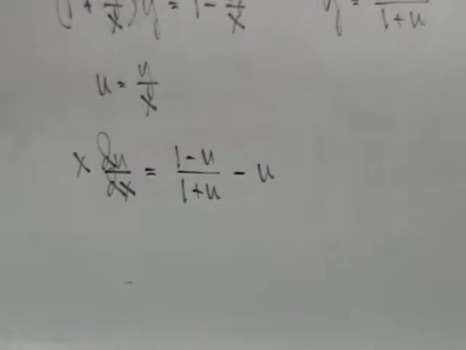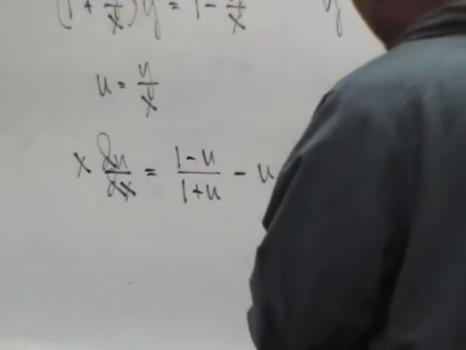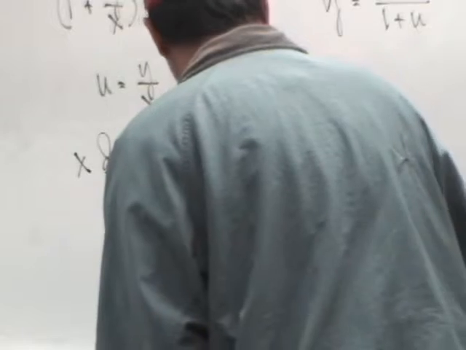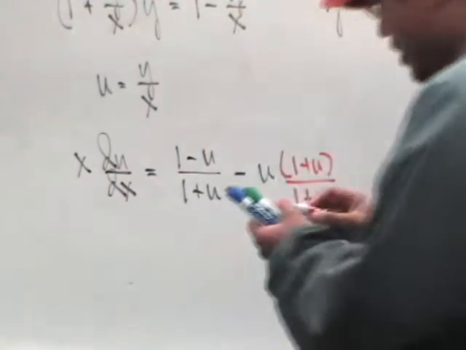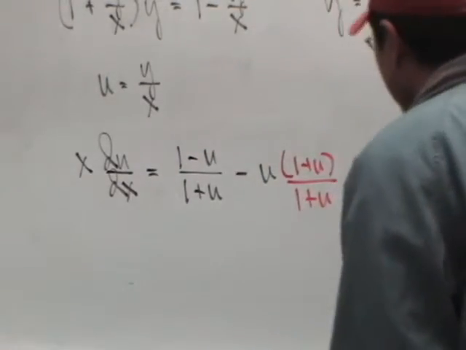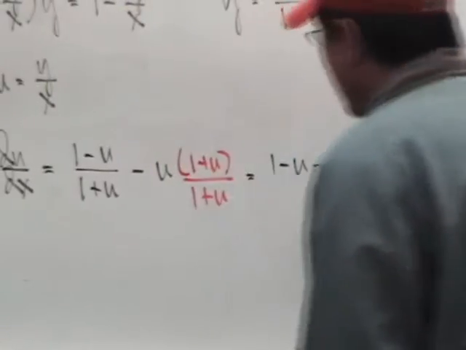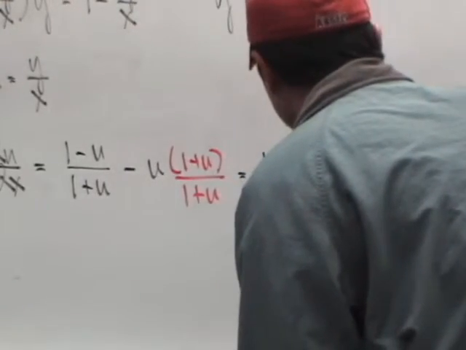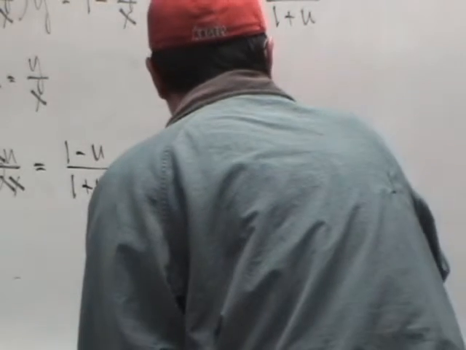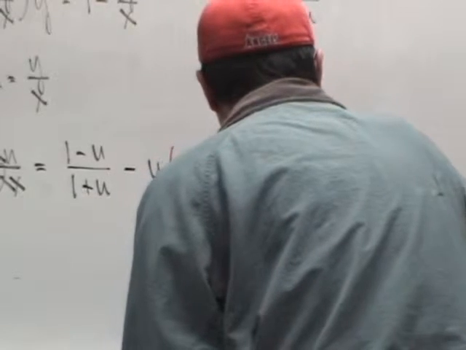That's a separable equation, but before I separate it, let me make a common denominator and simplify a little bit. So here I would multiply top and bottom by 1 plus u, for example, and that will help out a little bit. So this will turn into 1 minus u minus u squared over 1 plus u.